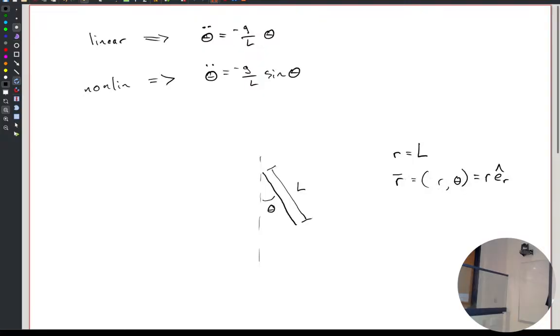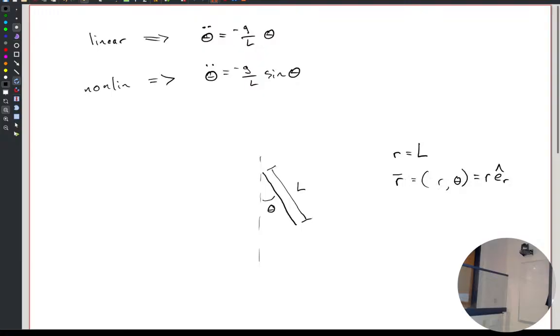So when is it 0? When is sine theta 0? At 0. Yeah. So that means that the acceleration is 0. Okay. Do you think there's a different force for the nonlinear one?